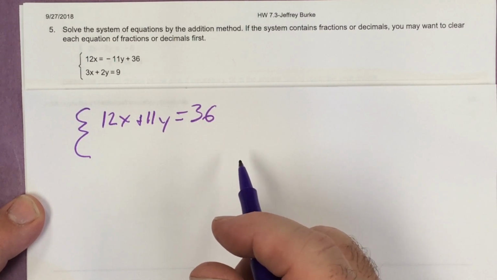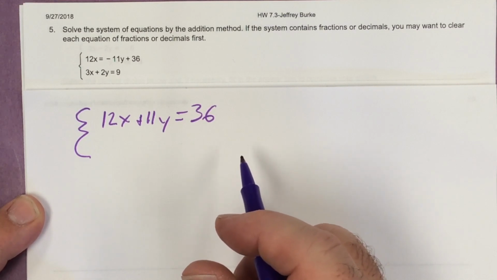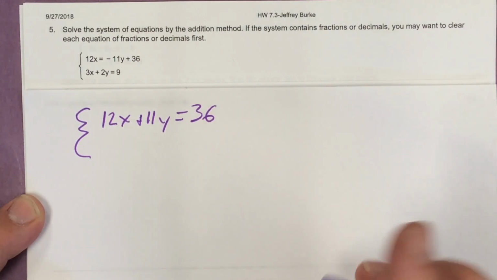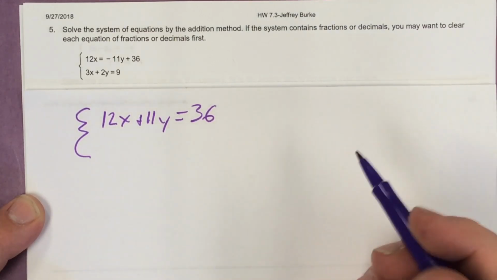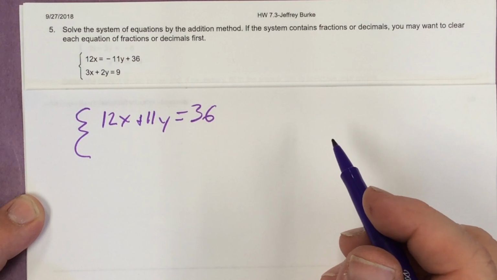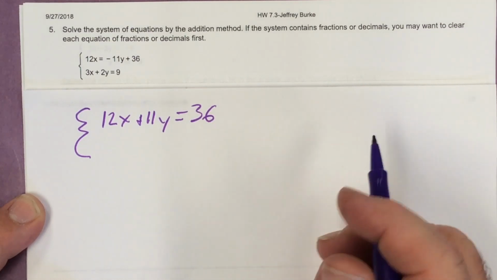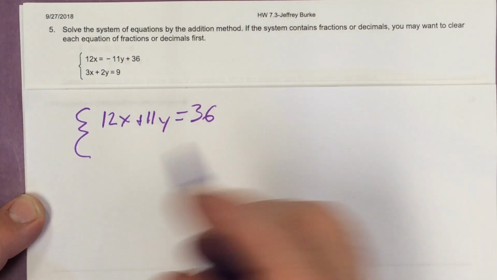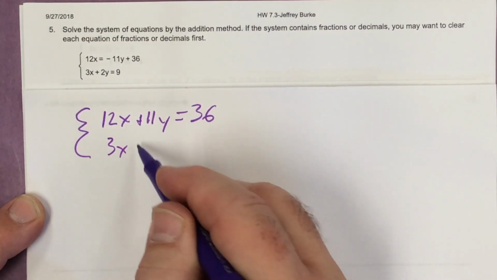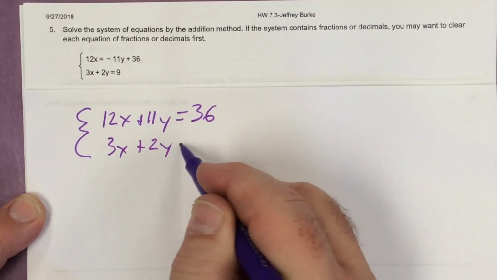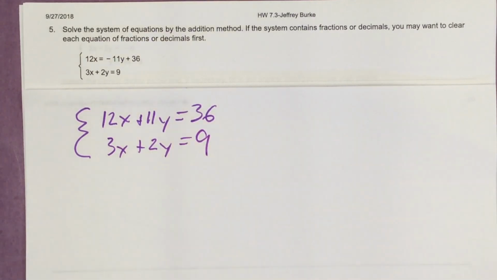I just try to cut the work out of doing that to save on space and time. My students understand that when we move things from one side to the other, we need to switch the signs of those terms that we move. The other one is going to be 3x plus 2y equals 9.